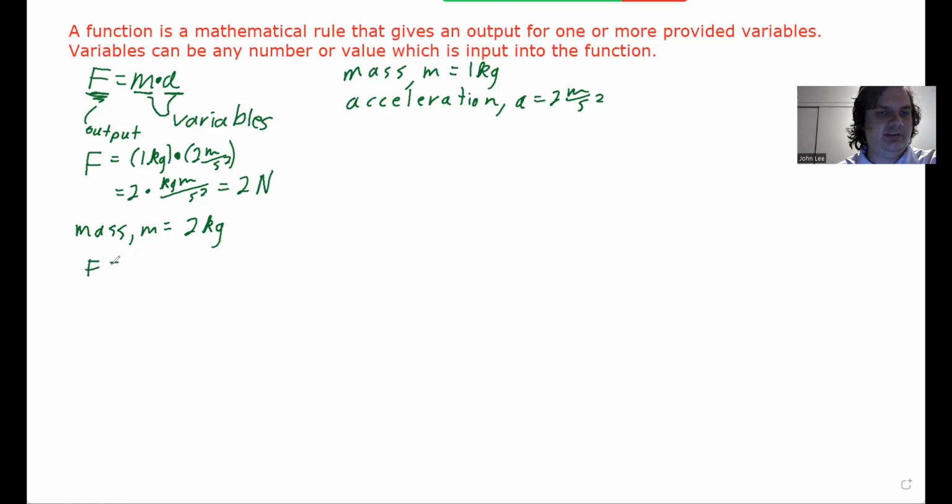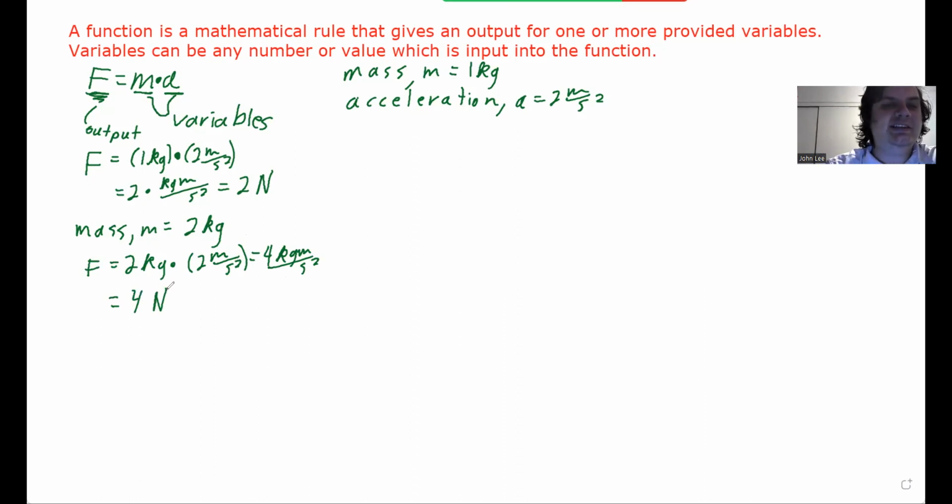So F is going to equal 2 kilograms times 2 meters per second squared, which is equal to 4 kilogram meters per second squared, which is equal to 4 newtons, which is twice as much force.